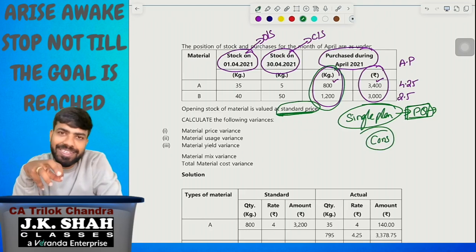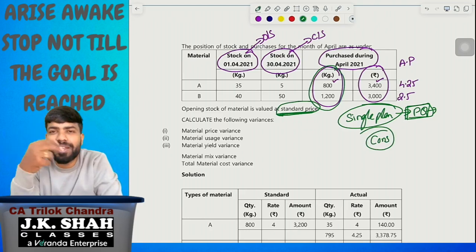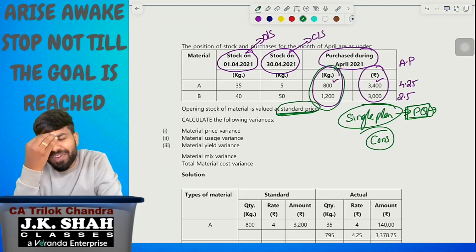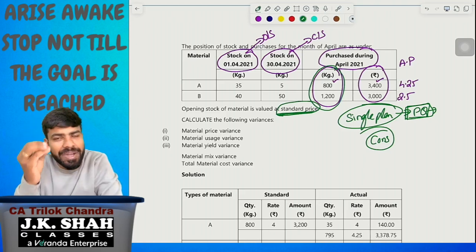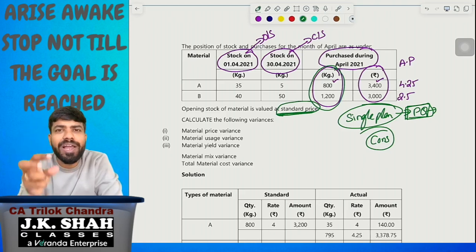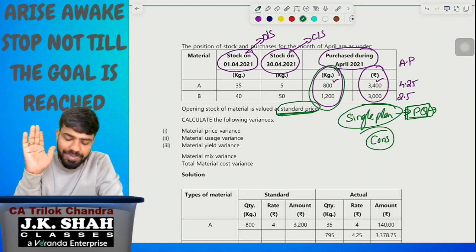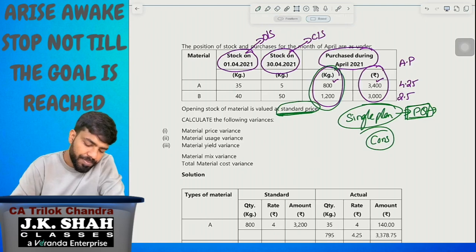Sir, why are they doing like this? The company would have changed the policy. Sir, did they mention that in the question? No. So please understand, when they give this kind of question in the examination, the opening stock alone you value at standard price, but the remaining calculations are to be done based on consumption.